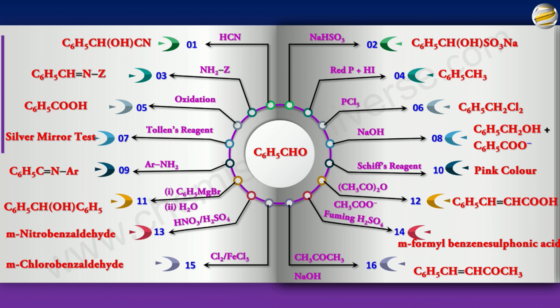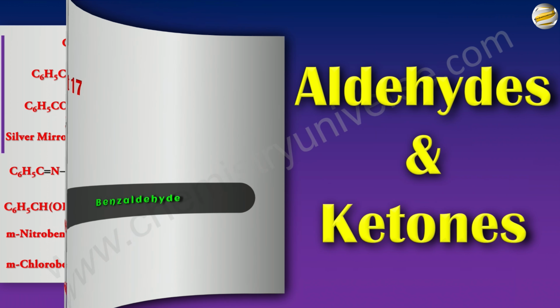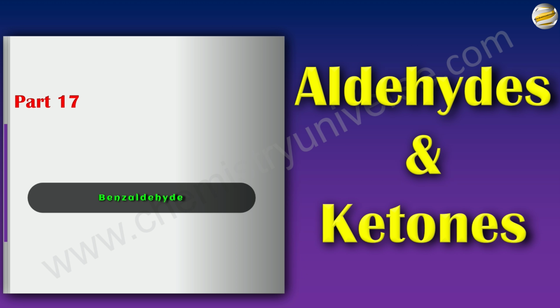So that is basically part 17, and that is benzaldehyde. I hope these short videos help you in getting through this big lesson. And benzaldehyde is a very crucial element in that. The next one and the last one will be the tests for aldehydes and ketones, most of which we have already done, but I'll mention them.